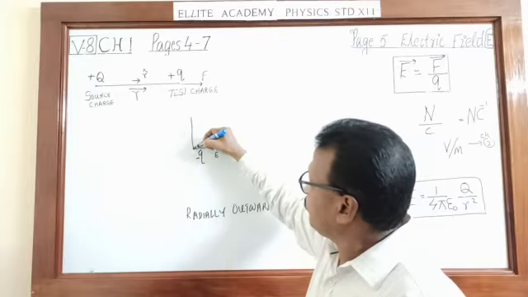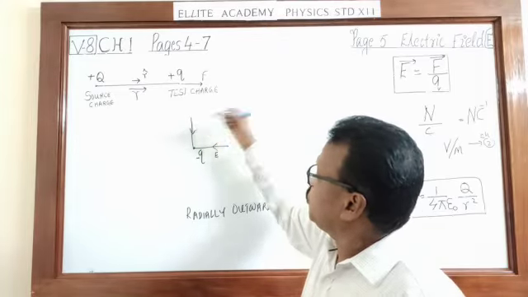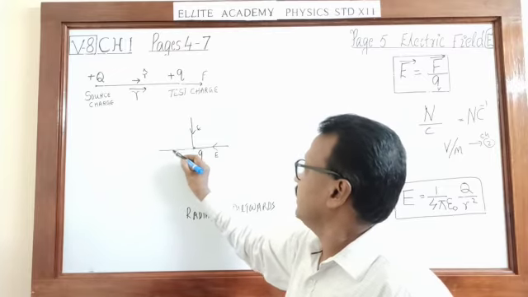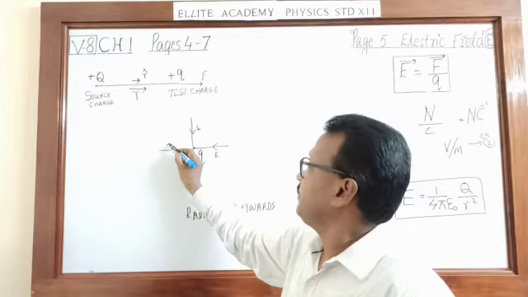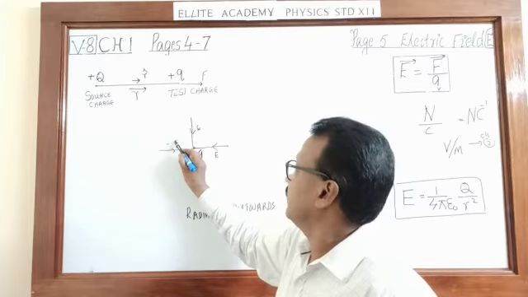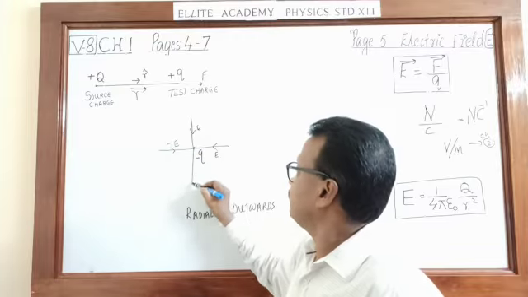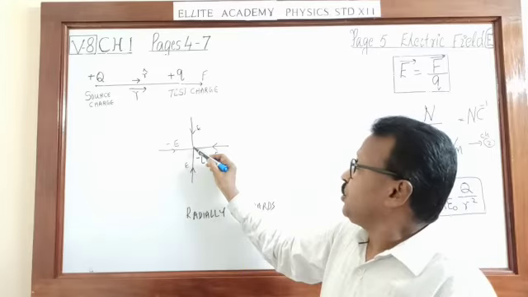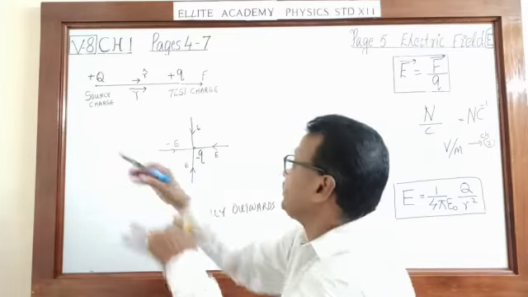Anywhere we can keep it, no doubt. What is the direction of the electric field? Towards the charge. I keep a positive test charge here, it will be attracted, and that is the direction of the electric field. Then I keep it here, definitely it will be attracted. So I can say the electric field due to a negative charge is towards the charge.